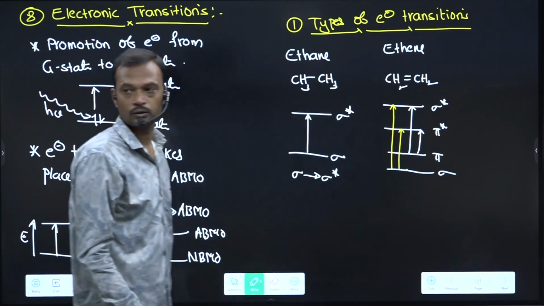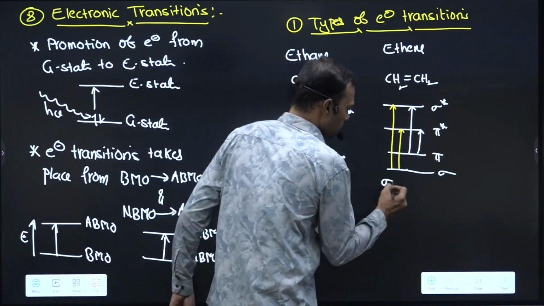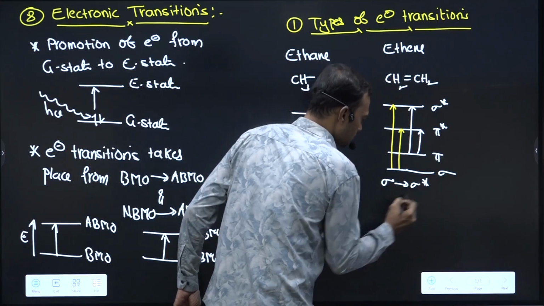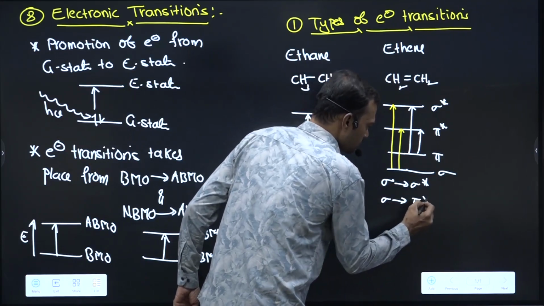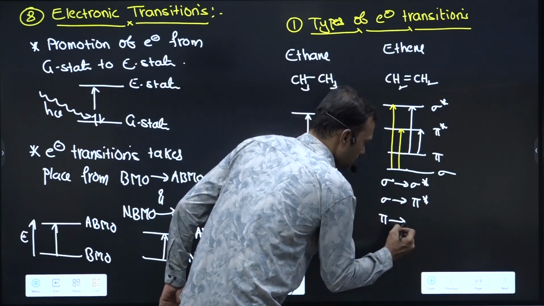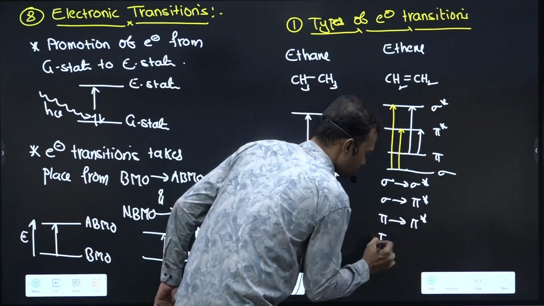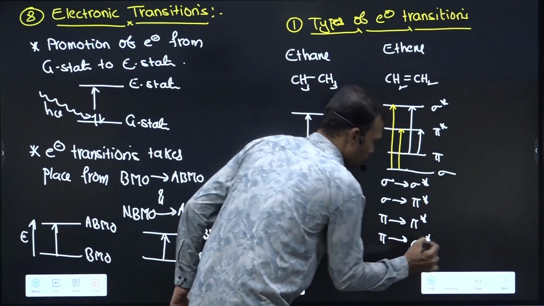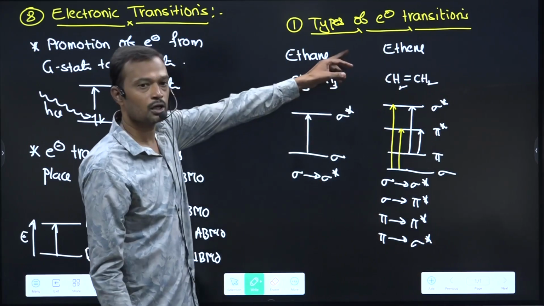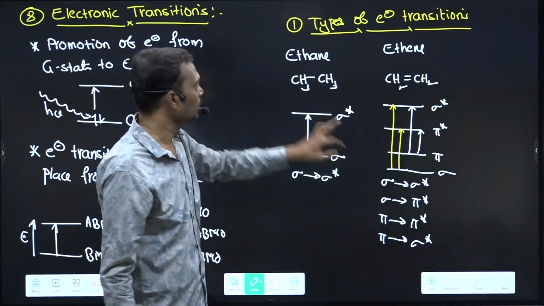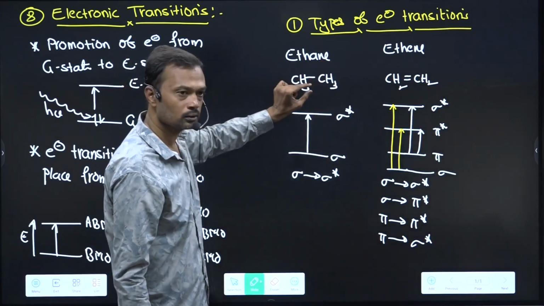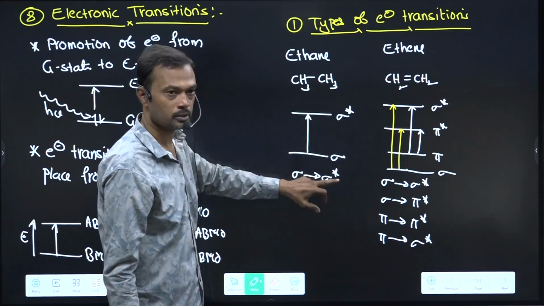Total 4. So ethene has a tendency to give 4 electronic transitions. Ethane, having only a sigma bond, will give only sigma to sigma star.